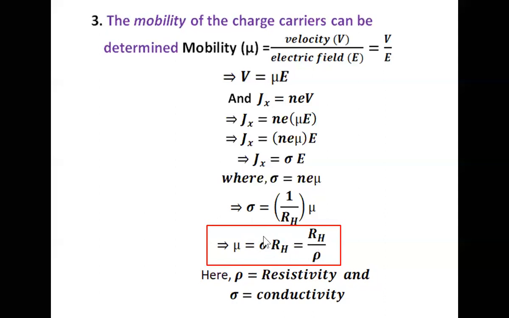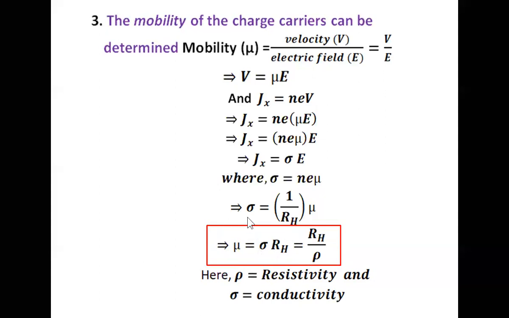Resistivity and conductivity are inversely proportional to each other. That's why I have written the expression for mobility in terms of both conductivity as well as resistivity. If you want to calculate the mobility of a given semiconductor, you need to know the value of either conductivity or resistivity along with the Hall coefficient value.